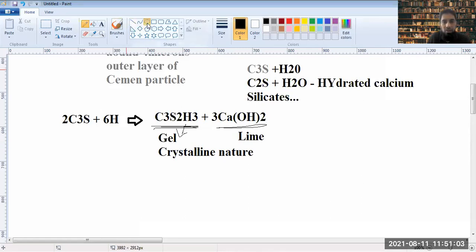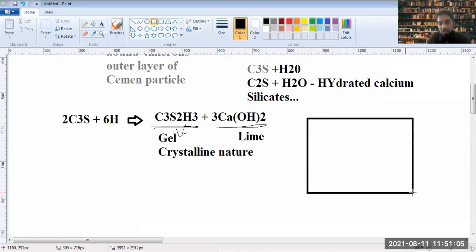So what it eventually forms in a cement, if you are adding the water, so if this was cement first, then we added water to it, the cement as a whole will transform into some kind of a gel.